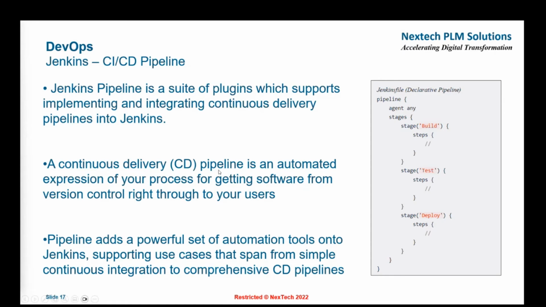Okay, internally you have the CD pipelines, and the Jenkins pipeline is a wrapper on the CD pipeline with which you can then configure. These pipelines basically add a very powerful set of automation tools on top of it, like Gradle.